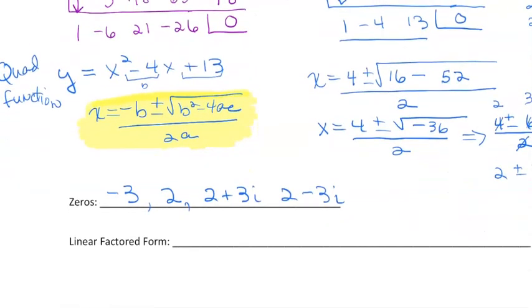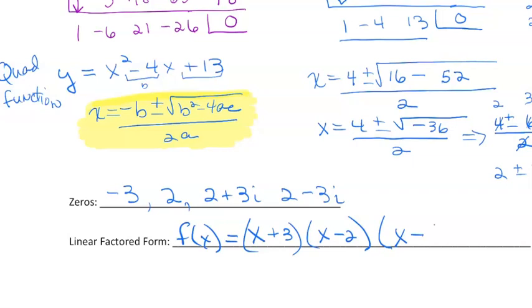Now this was f of x. I'm going to write it as f of x equals, okay, x minus a negative 3 is x plus 3, factor 1, x minus a 2. Okay, so this is x minus a 2 plus 3i, and then this is going to be x minus a 2 minus 3i.